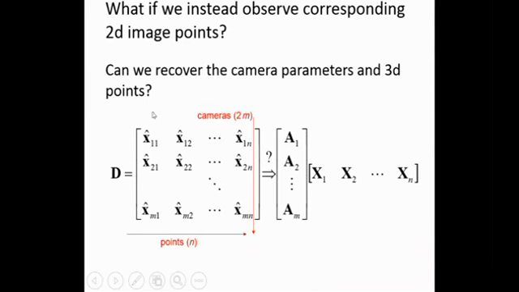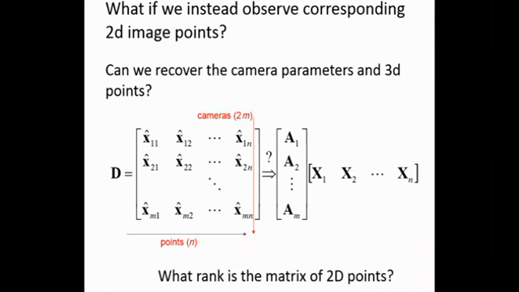And the top two rows are the normalized U and V values of all the points that are seen by that camera. And I want to somehow take this matrix and extract the affine matrix for each camera and the 3D point for each observed point. So it kind of looks under-constrained, right? But there's a bunch of constraints that we can use to actually solve this problem.